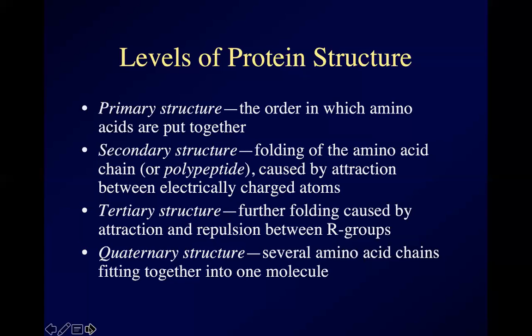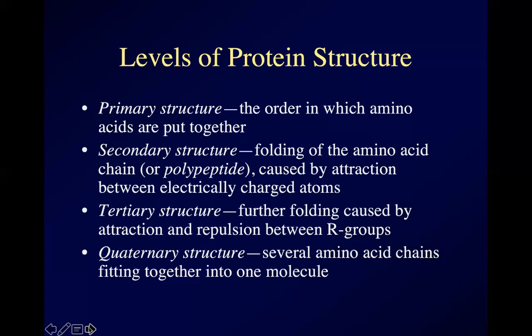When we talk about the order in which you put amino acids together, that is a protein's primary structure. Whenever you stick a bunch of amino acids together, one of the things that happens is that the chain begins to want to stick to itself. If you've ever had to handle very long pieces of sticky tape when you're wrapping a Christmas present or something like that, this is a little bit like what happens.